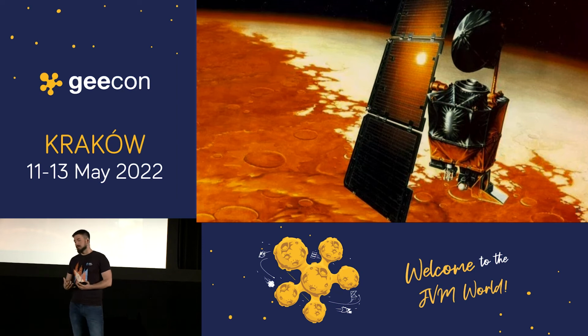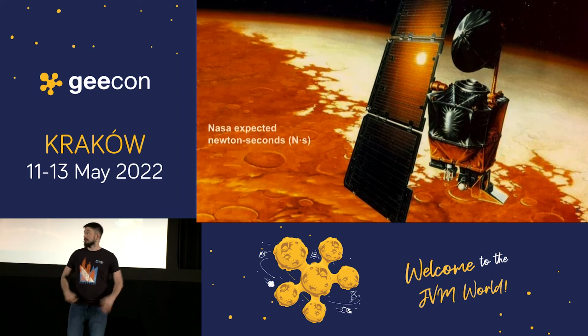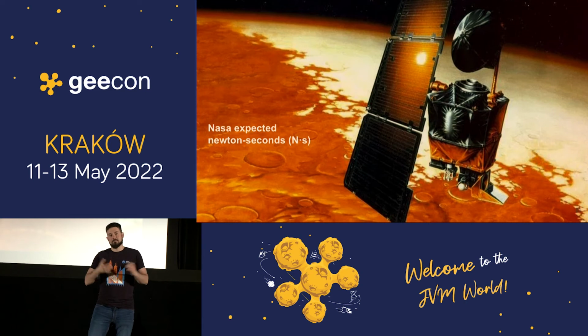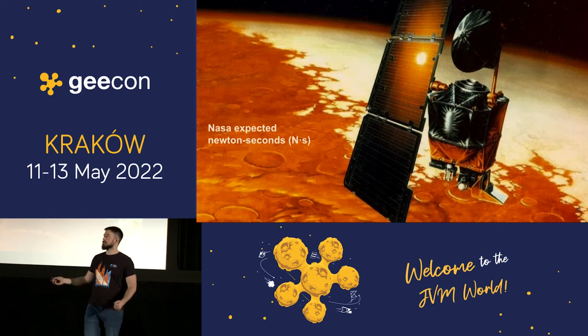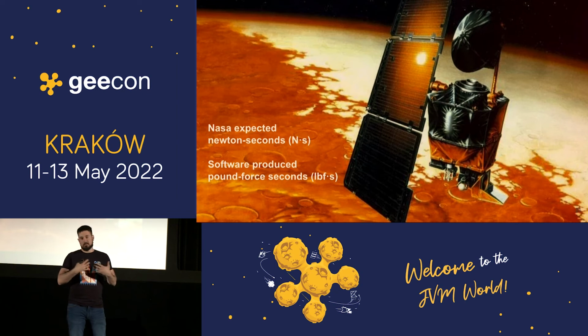But apparently there was some miscommunication between NASA and this company, because NASA was using European units of measure, newton-seconds, whereas the company decided, maybe they thought, hey, we are in America, we should use American strange units of measure. They used pound-seconds, and you know, it's hard to talk in different languages.